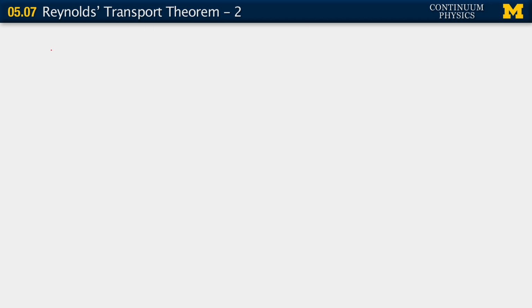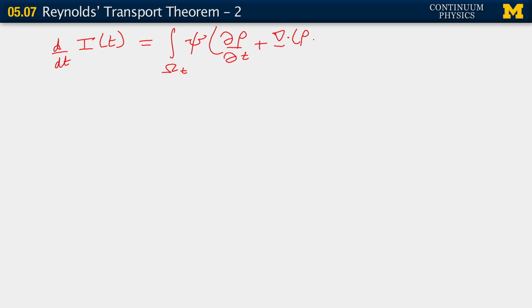So what we have then is that d/dt of I(t), I is a function of t, is the integral over omega t. I'm going to group the terms where psi was not involved in a derivative. Those terms were psi times the partial time derivative of rho plus the divergence of rho v.